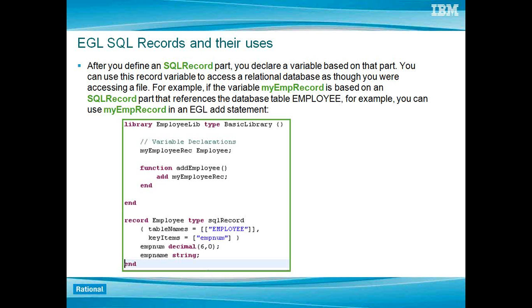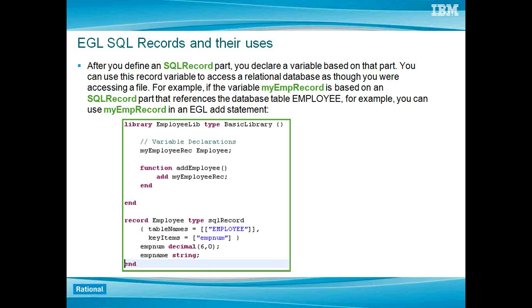So at the bottom we have initialized a record, and within the library we have a function. Its name is addEmployee, and then we have the add keyword, and then my employee record. So this add keyword is going to generate an insert statement in the background.